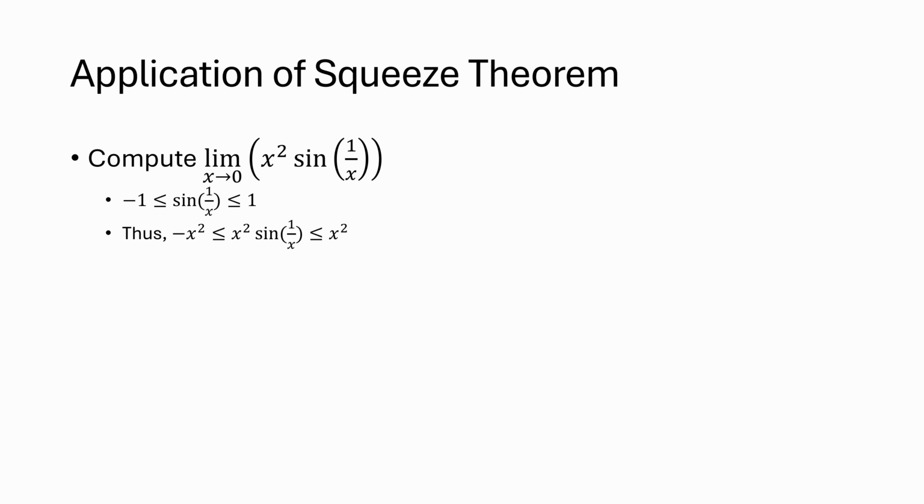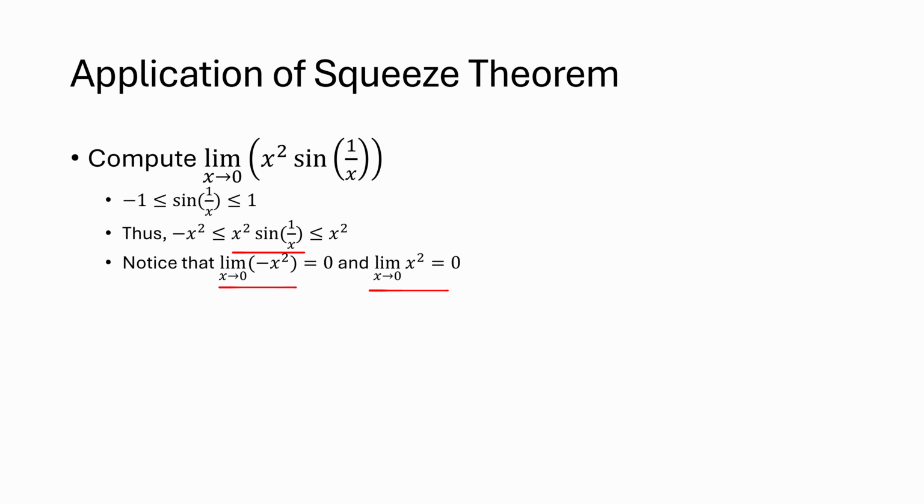So if you multiply all of the inequalities by x squared, -x squared must be less than or equal to x squared times sine of 1 over x, which is less than or equal to x squared. Notice that if you take the limit as x goes to 0 of -x squared and of x squared, they will both equal 0, right? By direct substitution.